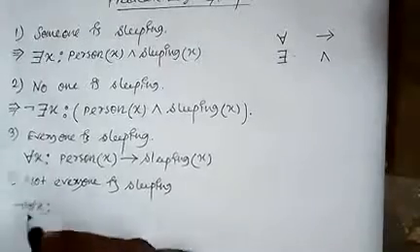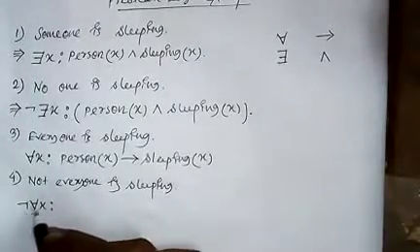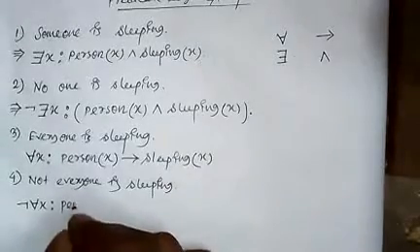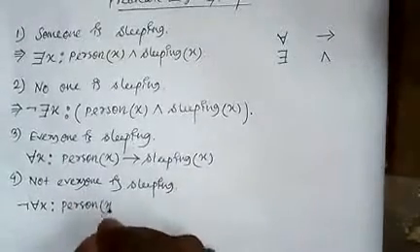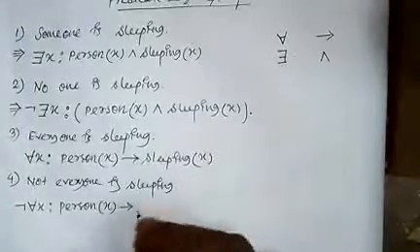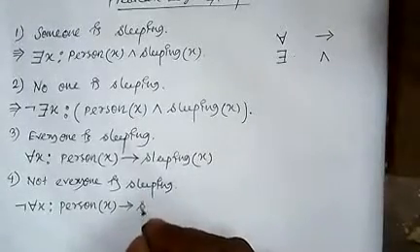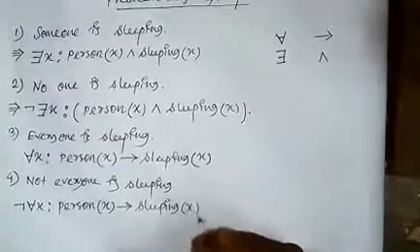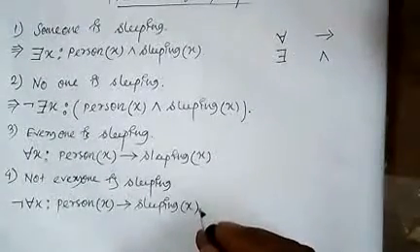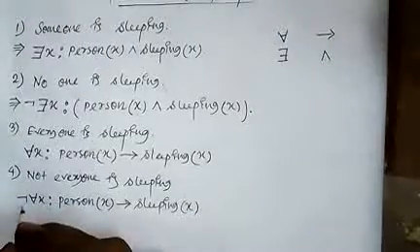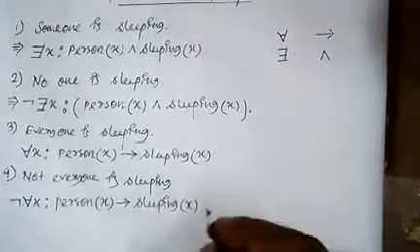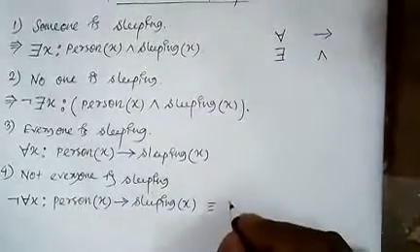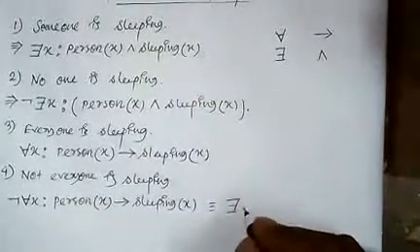That is, not for all x, person(x) implies sleeping(x). As there is a negation before it, you can convert it into its exists form.